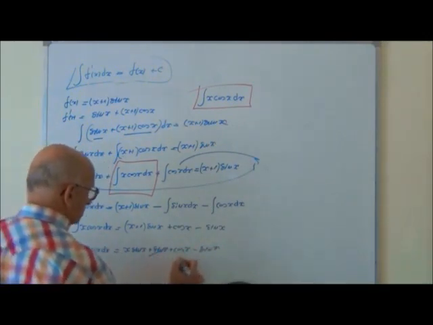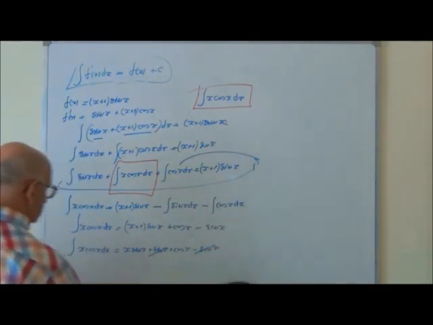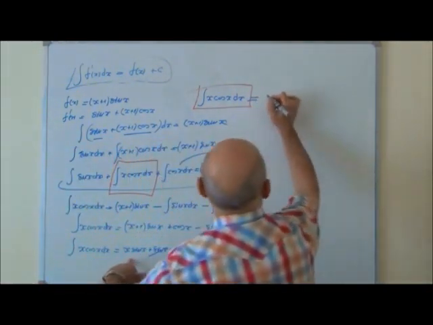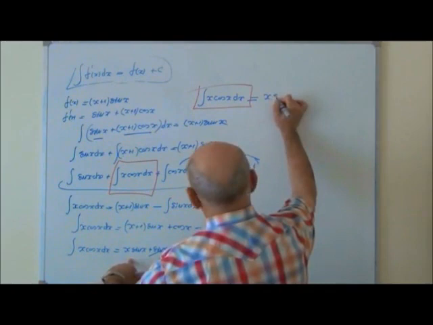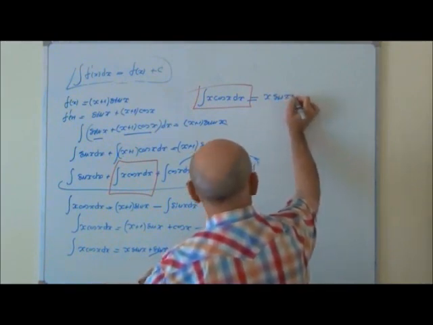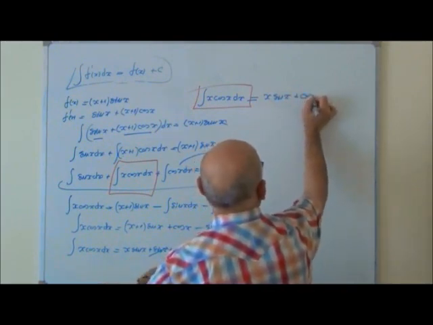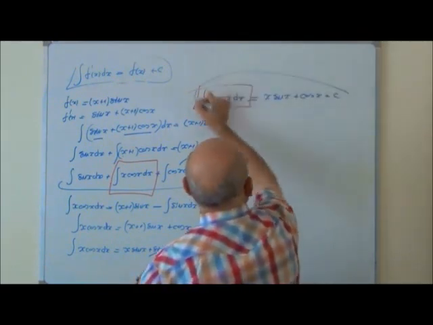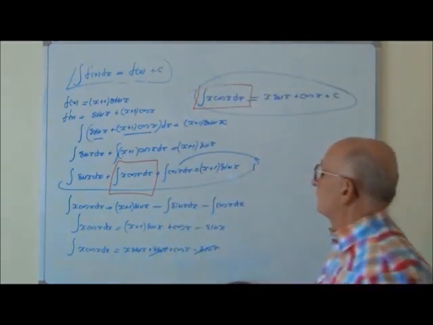Now we can cancel sine x and minus sine x, and get the final solution for our integral as x sine x plus cos x plus c.